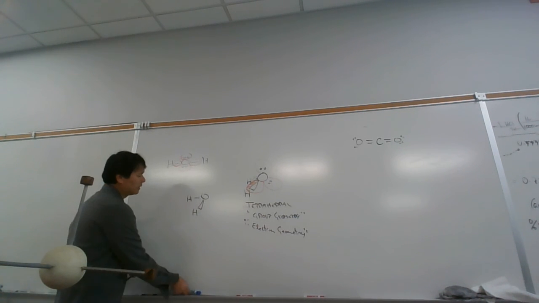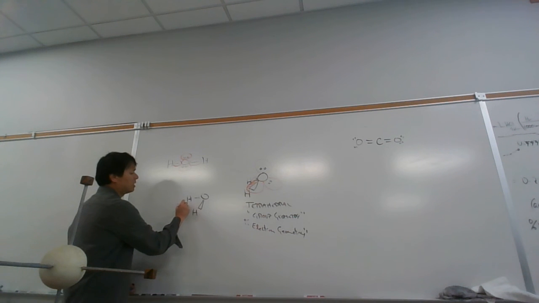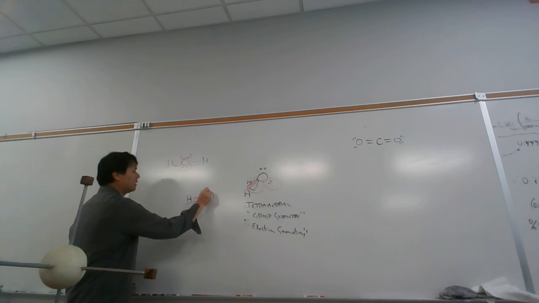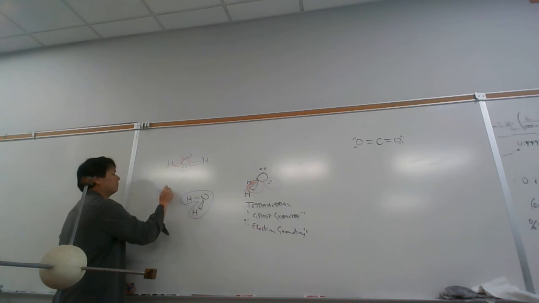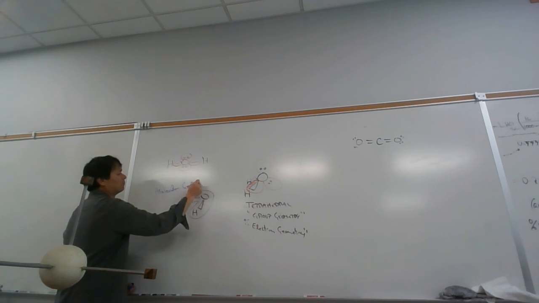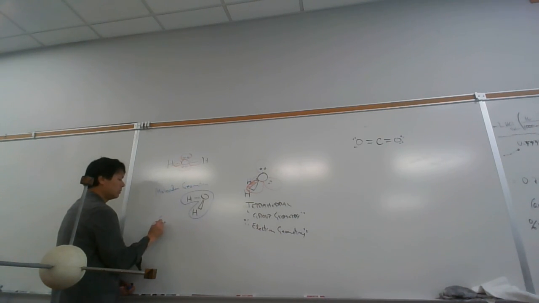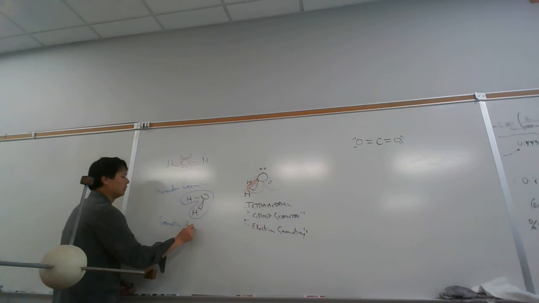And we call this the molecular geometry. The molecular geometry is just the geometry of the bonded atoms, not the lone pairs or the radicals. Geometry of the bonded atoms. In this case, it's bent.